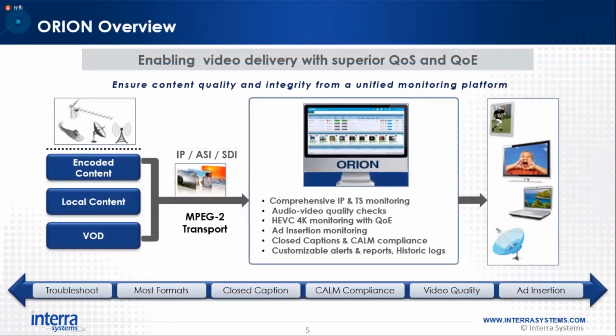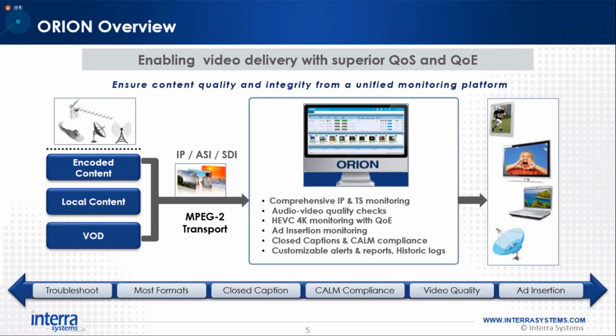Coming back to Orion now, which is the topic of the day. Orion is a software-based application which is available on Windows and Linux platforms. It monitors transport streams on ASI, SDI, and IP, including SDI over IP as well. Broadly, it does very detailed and comprehensive IP and TS monitoring checks.